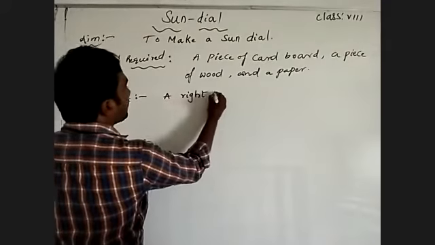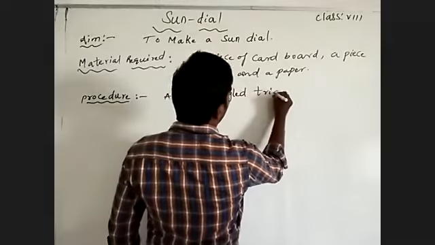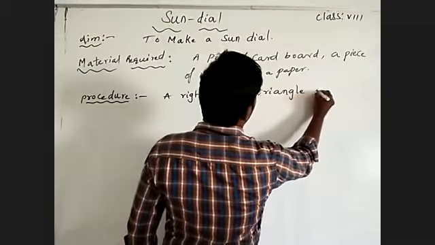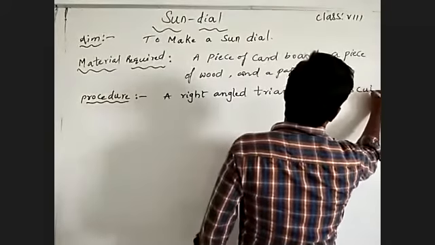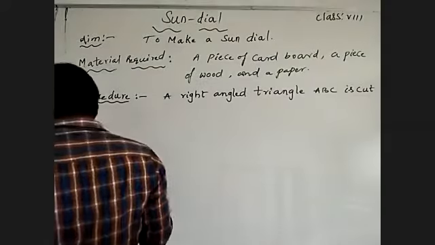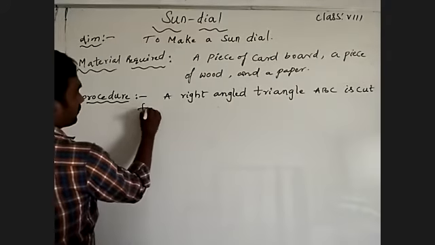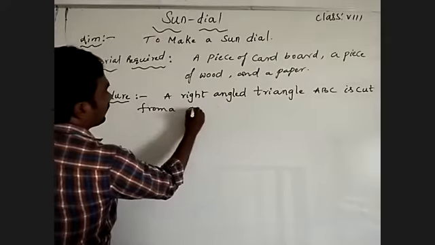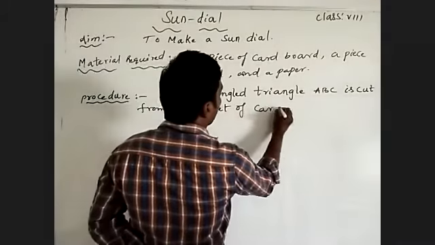A right angled triangle ABC is cut from a sheet of cardboard.